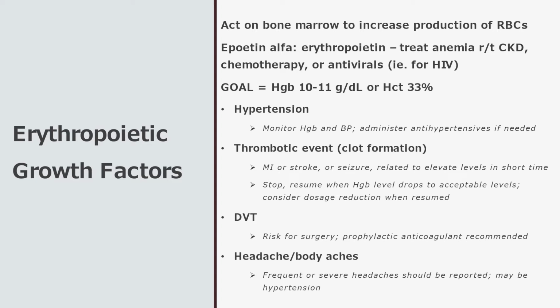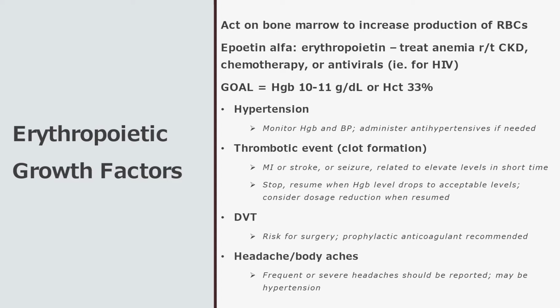Again, refer to your goal. So if it's above 10 to 11, if it's like 17, then we are at risk for a thrombotic event and we need to stop the medication for a short period of time until our hemoglobin has reached normal levels. And then consider a dosage reduction when we do restart the medication.